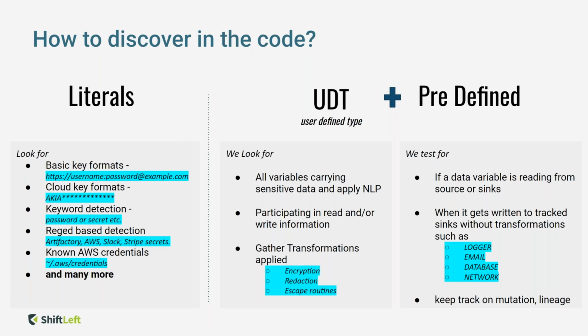So how do we go about discovering these in your application? The first category is literals. As I mentioned, they are relatively straightforward to find out because they follow certain formats. They have certain patterns that you could look for, like literally grepping for them within your application.